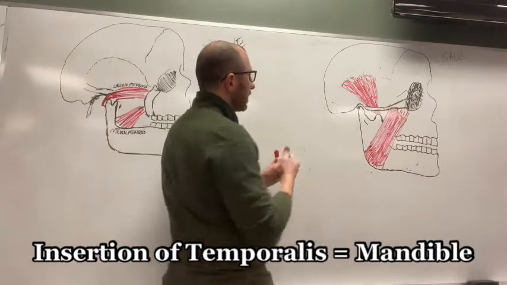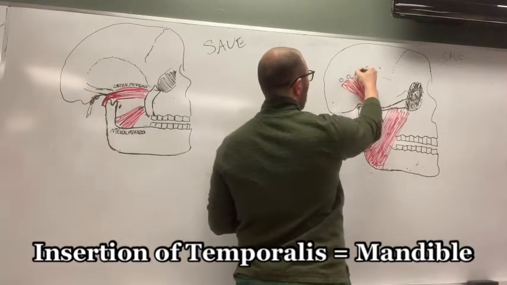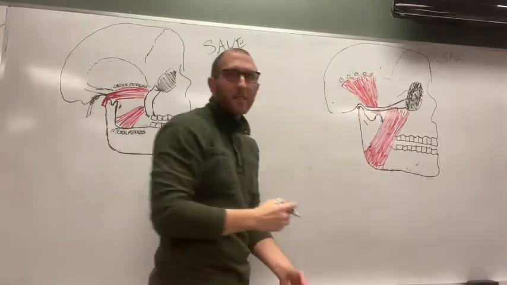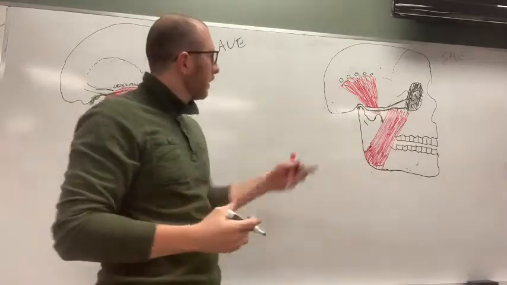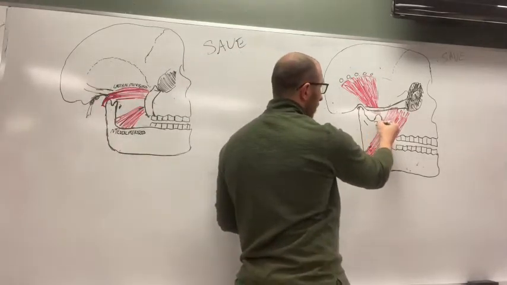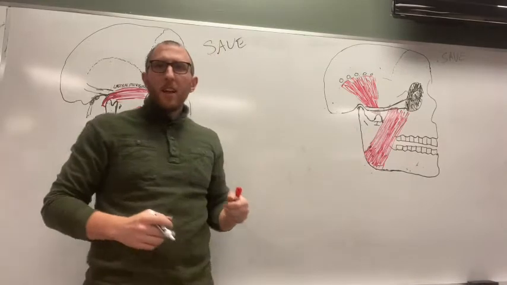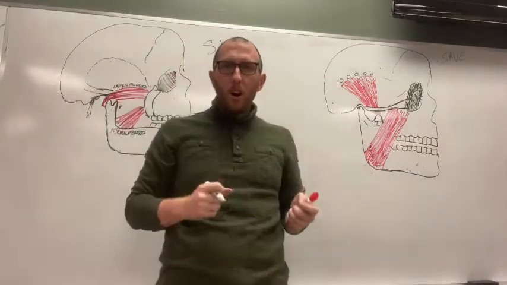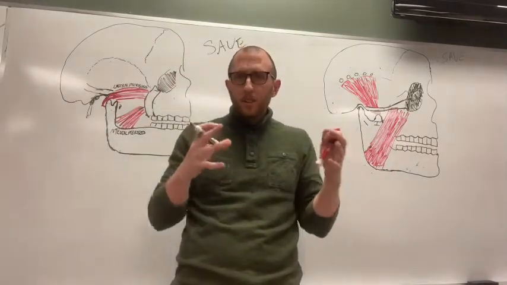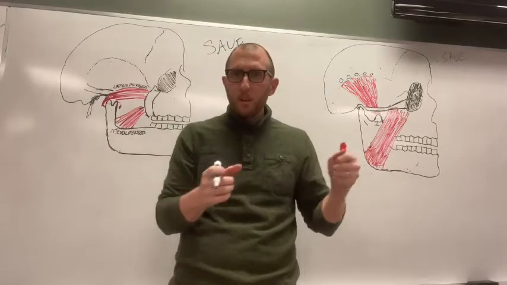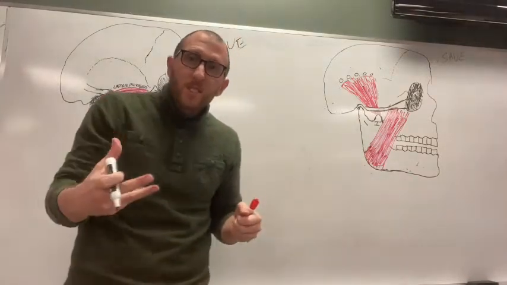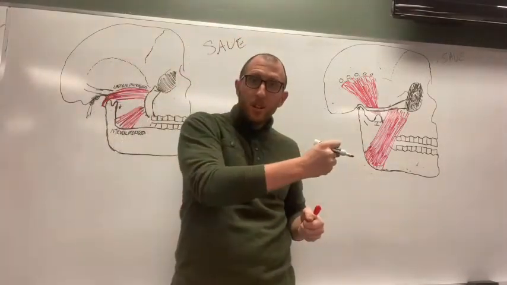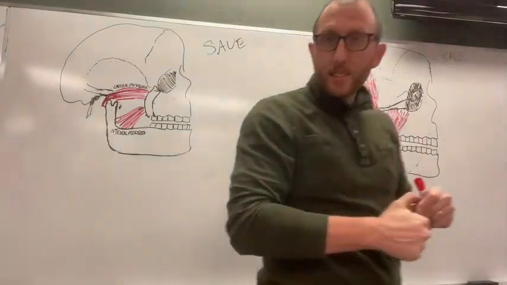So if I wrote on here a bunch of O's, that means that's the origin. Down here on the mandible, I'll put a big I. That means when that muscle contracts and it pulls both directions, the insertion is what's going to move.